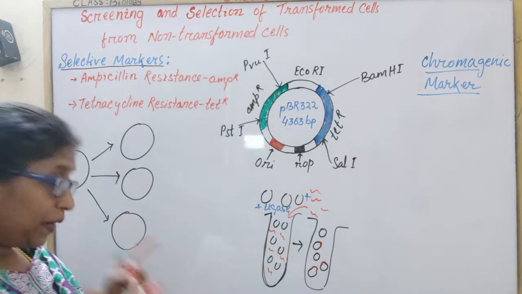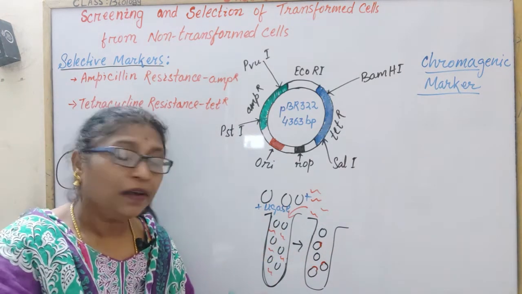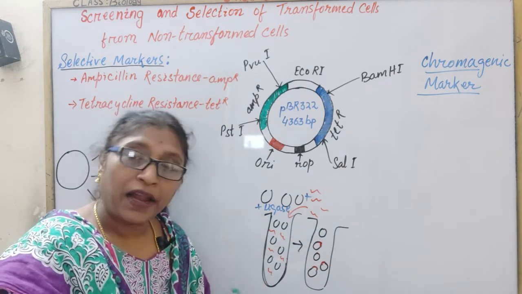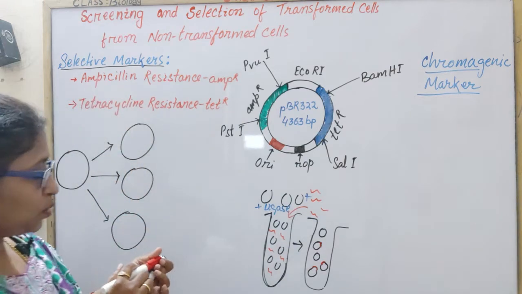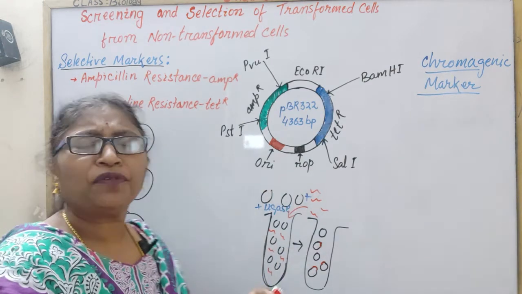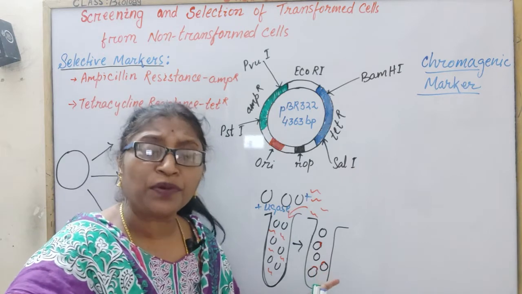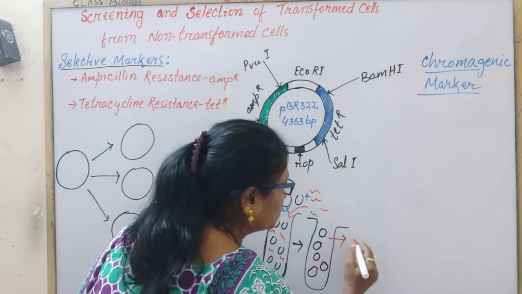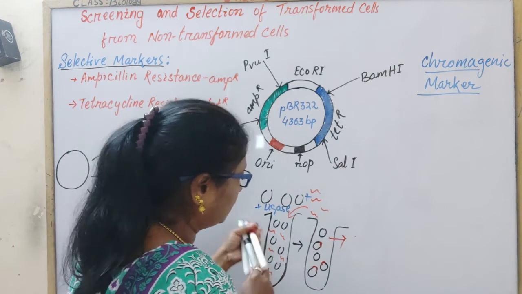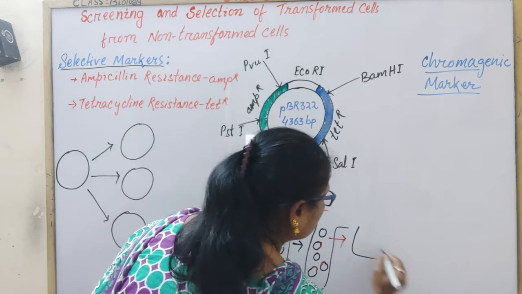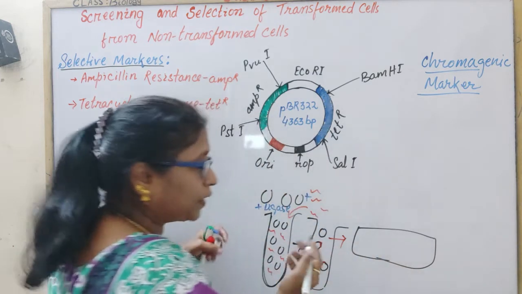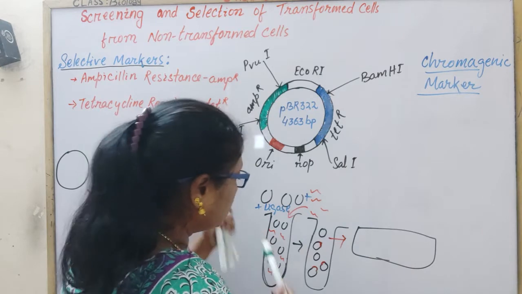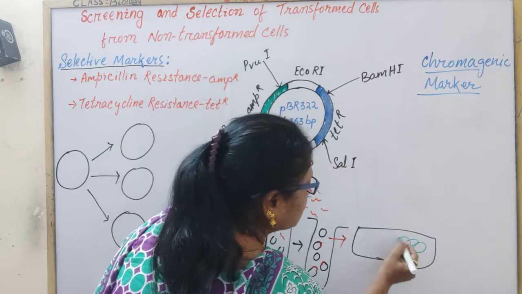So how can we select these recombinant ones, suppose we have introduced them also? We don't know which one is the transformed one and which one is non-transformed. What we usually do is introduce into the cell. We keep in one medium the cells without plasmid.